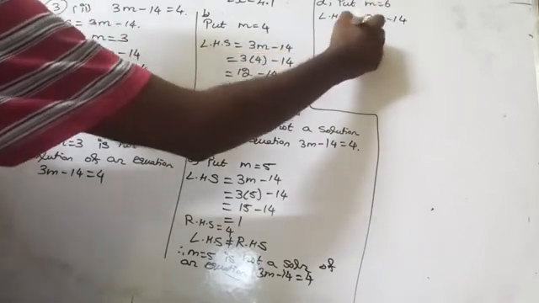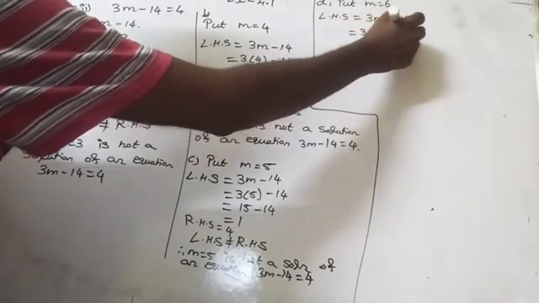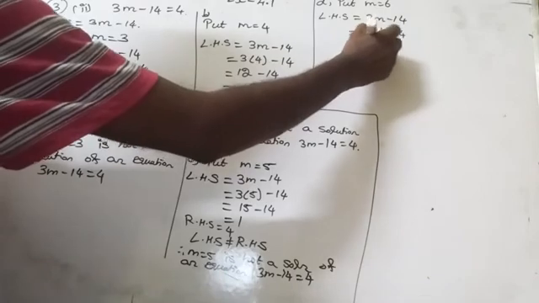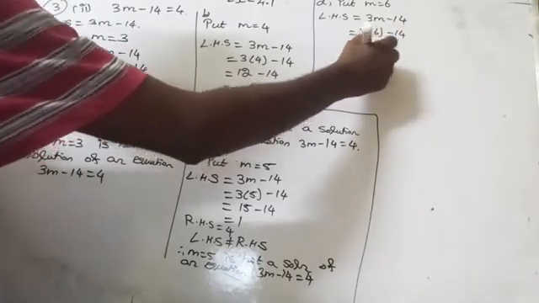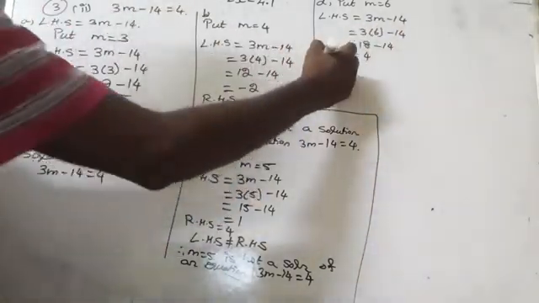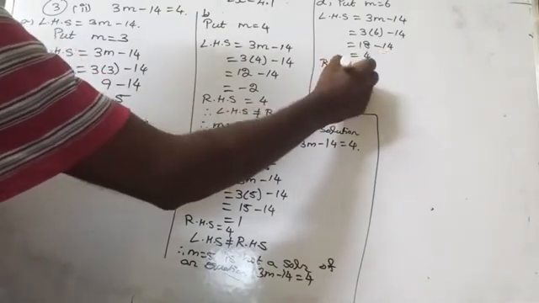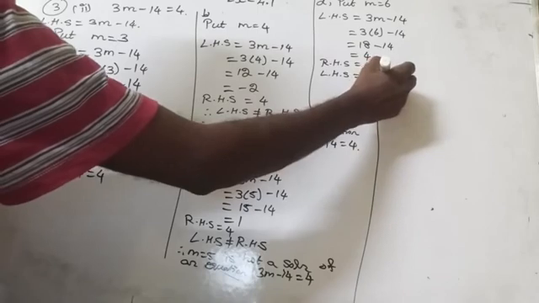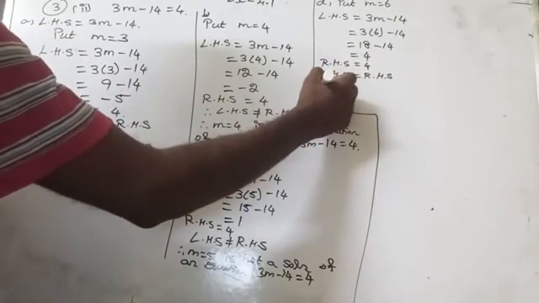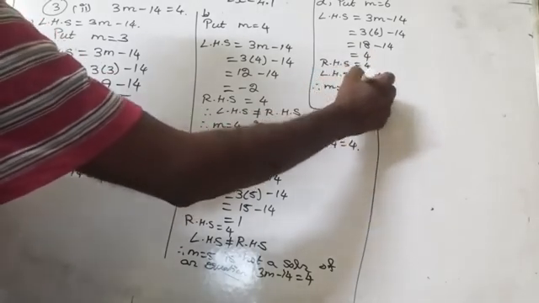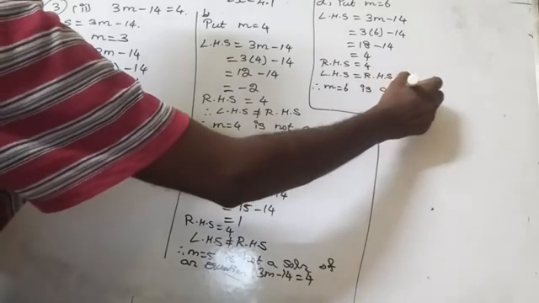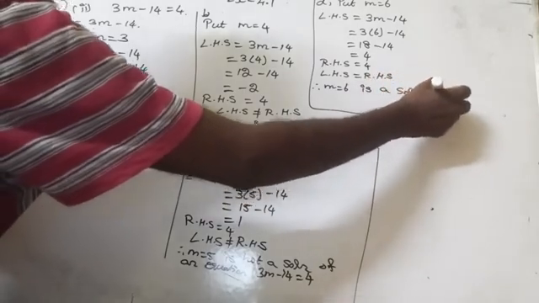When m equal to 6, that is 3 times 6 minus 14. 3 6s are 18, minus 14, which is equal to 4. Yes, we get 4, the same as the right hand side. The left hand side is equal to the right hand side. Therefore, m equal to 6 is a solution of the equation.